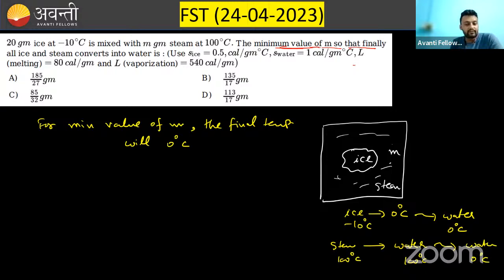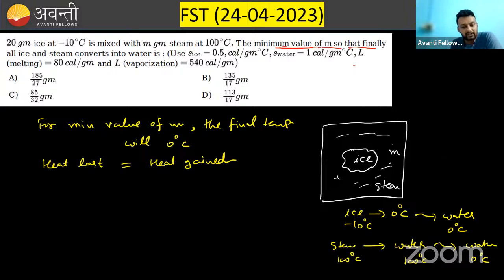In the complete process, one thing that is guaranteed is that heat lost will be equal to heat gained. Now, heat is lost by the steam and heat is gained by the ice.